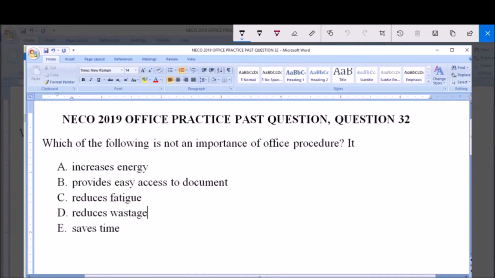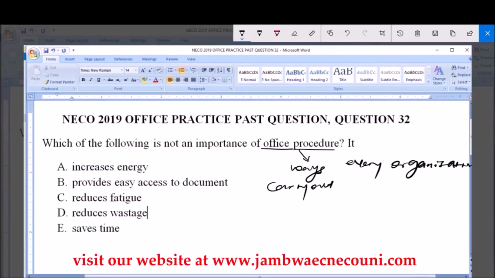So we are asked for the importance of office procedure. Now, what is office procedure? Office procedure simply refers to the ways every organization carries out their business activities.